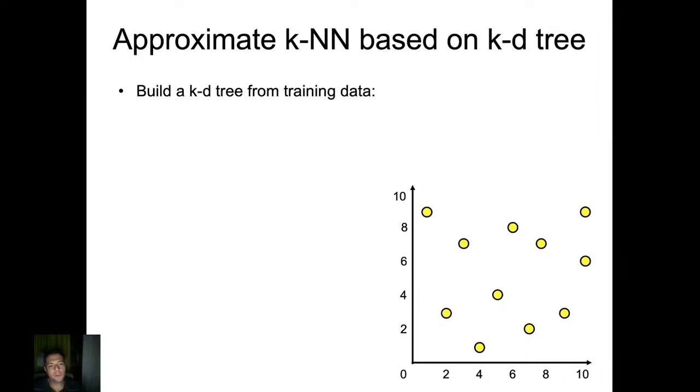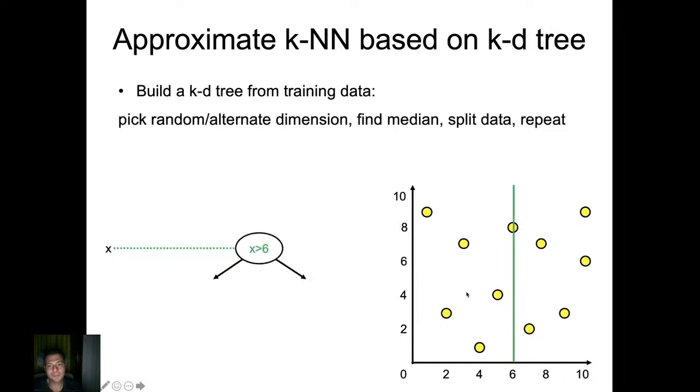Okay, so we assume that we have these training data points that are represented in a b-dimensional space. What we want to do is to build a KD tree on top of these data points. In order to build the tree, we pick a random dimension. In our case, we have two dimensions, horizontal and vertical.